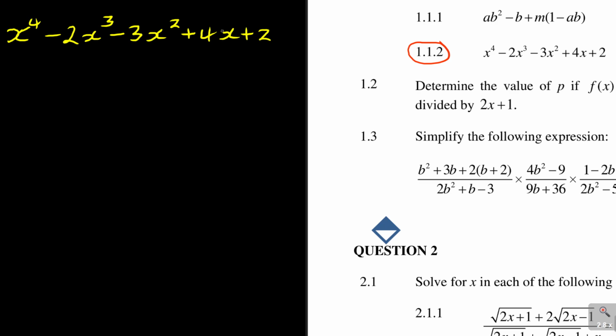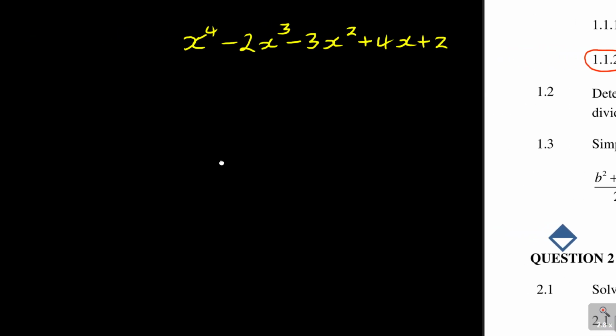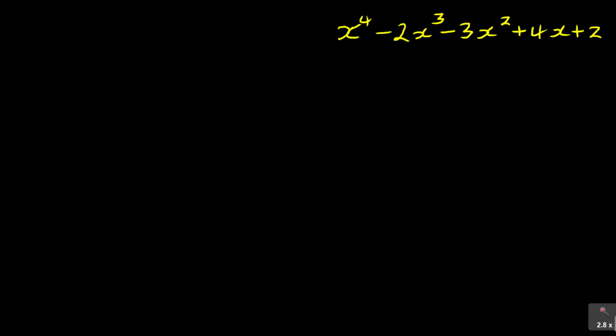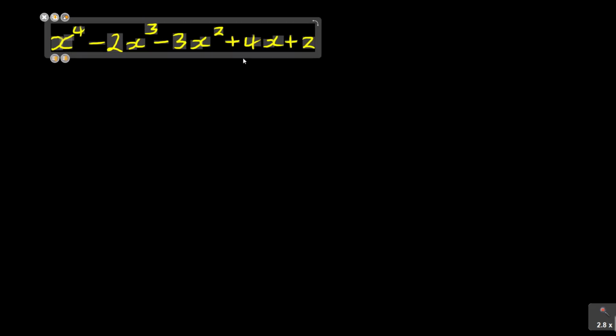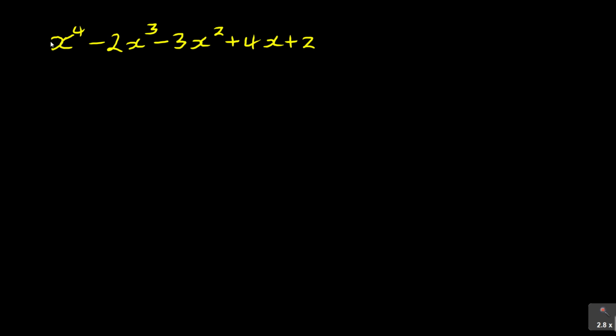How many terms? 1, 2, 3, 4, 5 terms. A bit trickier because you just have to factorize it. How can you approach this? If you look at x to the power of 4, it's 5 terms, so there is no grouping here. Let's take the first 3 terms and see what it gives us. The highest power is 4, the smallest power is 2, so we can take x squared out.